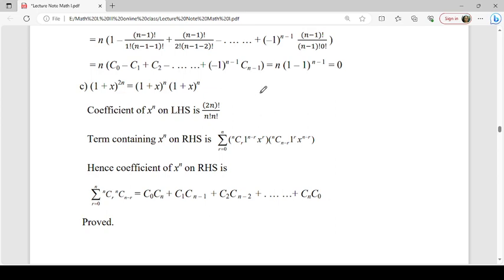So this left hand side, our general term is summation of 2n C r x to the power 2n minus r, 1 to the power 2n minus r, x to the power r.